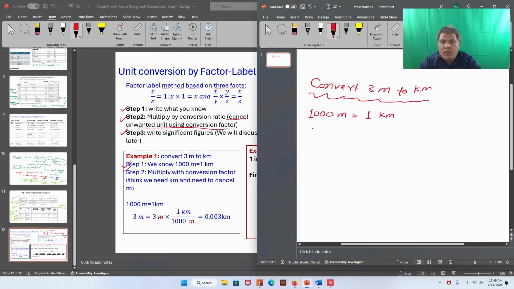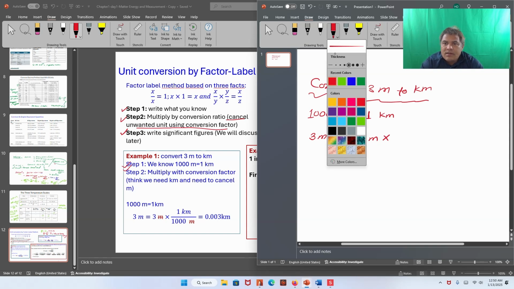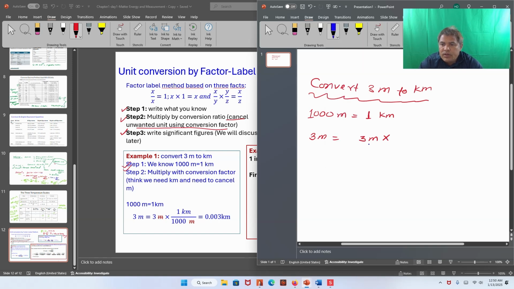Okay, now let's go to 3 meter to kilometer, right? 3 meter equals, write down like that, 3 meter. But you have to cancel this meter. Okay guys, that is actually the factor label. So now let's cancel that on the basis of the known thing. 3 meter times what is given here.